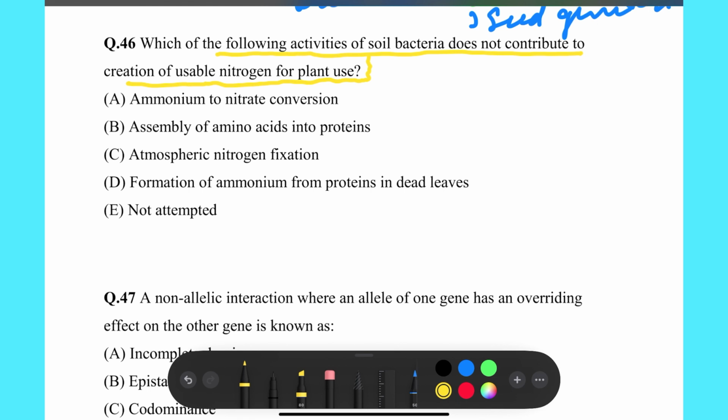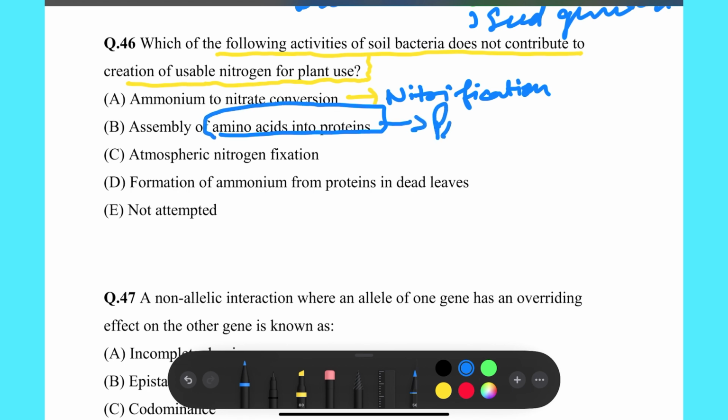Ammonium to nitrate conversion, what we call nitrification, you all know it occurs by Nitrosomonas or Nitrobacter. Assembly of amino acids into protein is a part of protein synthesis inside organisms, okay, not bacterial soil contribution to usable nitrogen.